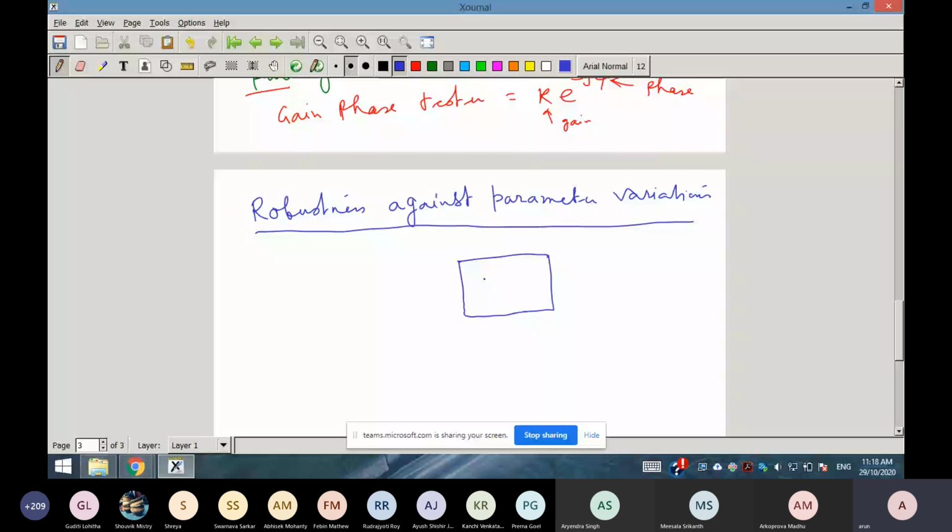So alpha here is an uncertain parameter. So the controller is fixed. We normally do not consider uncertainties in the controller because nowadays these controllers are implemented digitally. So there will be very little amount of inaccuracies. So in fact, no inaccuracies nowadays. High-speed digital processors are there. So we can assume that the controller is fixed.